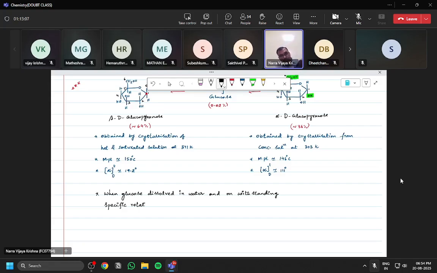If you take either the beta form or the alpha form, any one form, dissolve that in water and leave it undisturbed, slowly that also converts into 52.5. Reason? Alpha form can convert into beta, beta also can convert into alpha, both are interconvertible and they get adjusted with a percentage of 64 for beta and 36 for alpha, right? So specific rotation slowly changes to a constant value.